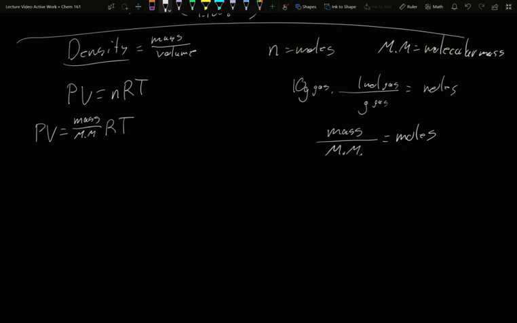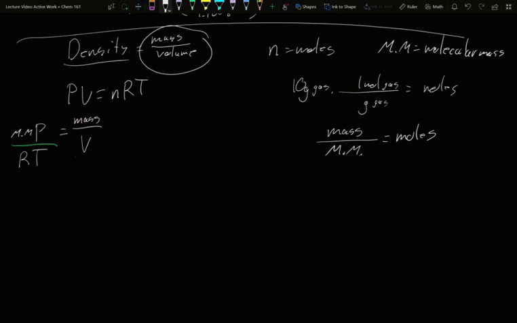But this lets us rearrange our equation a little bit. Because what is density? It's mass over volume. And I have now mass and I have volume. If we rearrange, we multiply molecular mass up, we divide RT down, and we divide volume over.